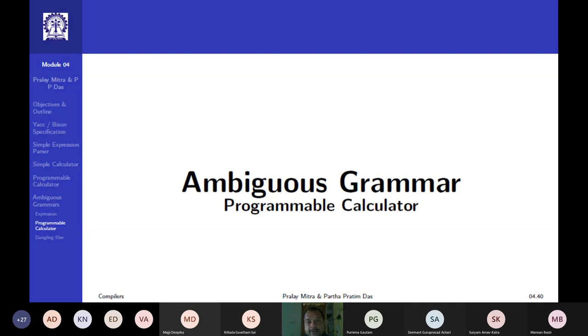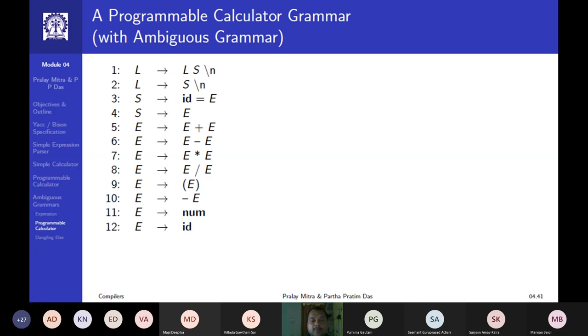In case of programmable calculator, we incorporated the identifier, and since identifier is incorporated, assignment of some value or integer constant to the identifier is also incorporated as a production rule. Also in this programmable calculator, we are incorporating the possibility of having multiple line expressions.